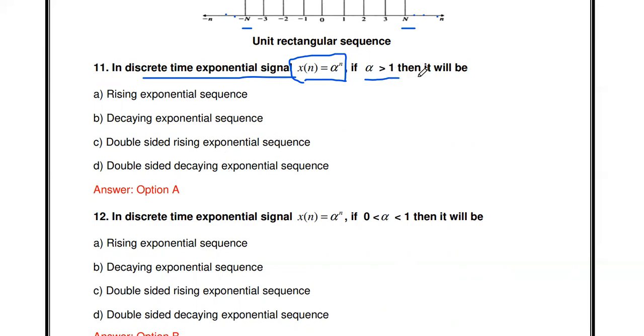If alpha is greater than 1, for example alpha equal to 2, then x of n is 2 power n, so the amplitude of this exponential signal is rising. So alpha greater than 1 means the signal is a rising exponential.